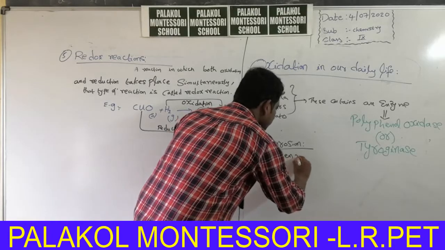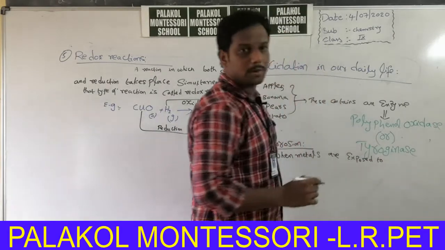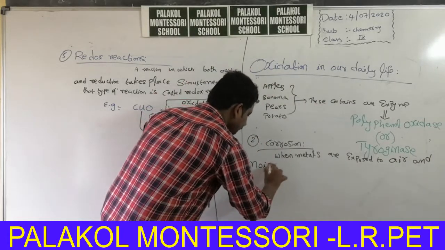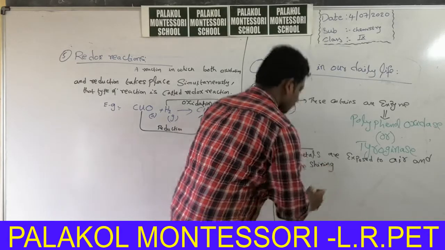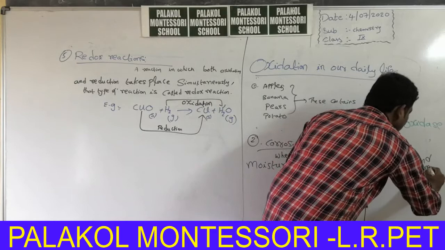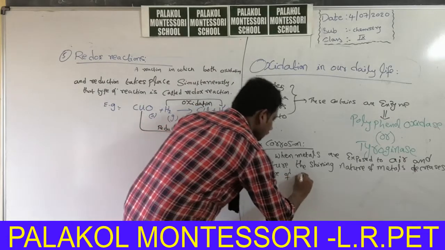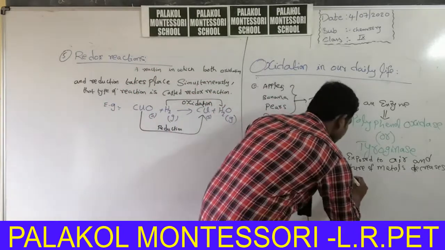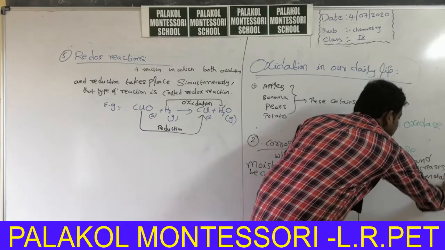When metals are exposed to air and moisture, the shining nature of metals decreases because of formation of a new substance on the metal surface.